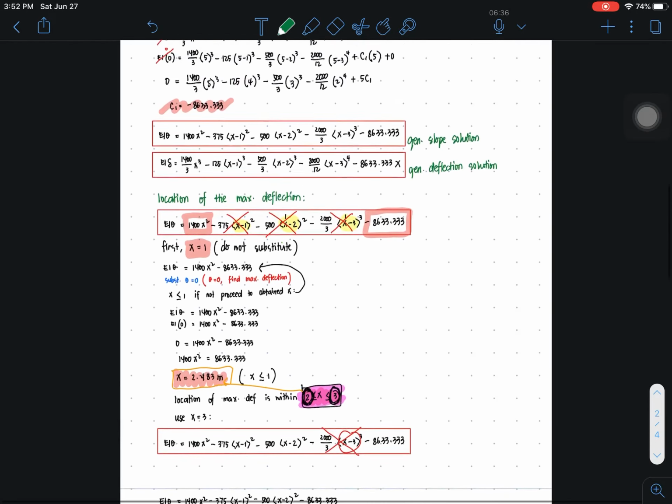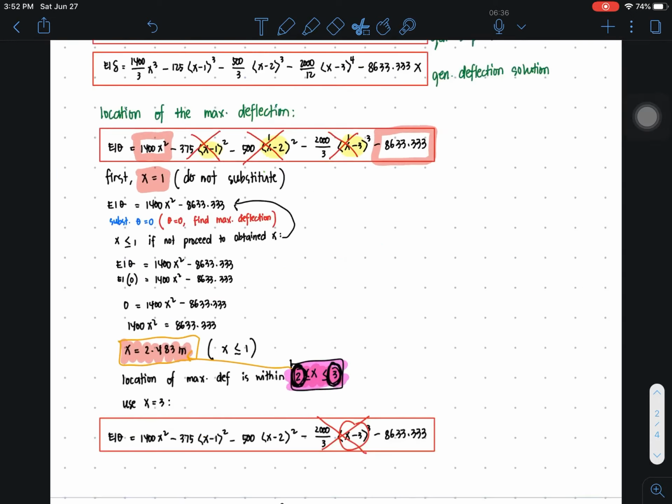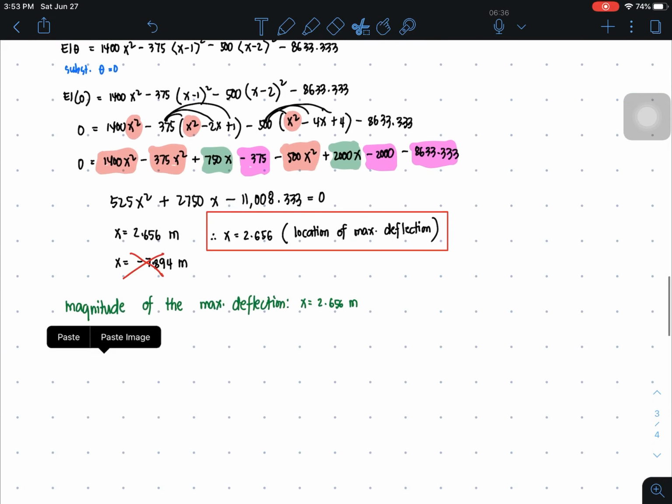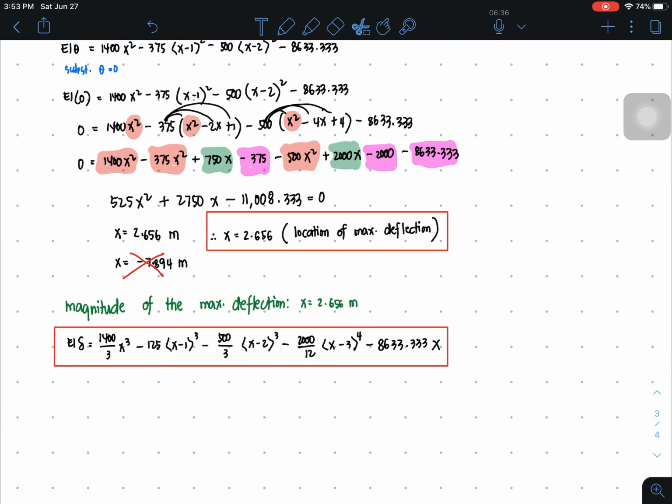So we get the deflection solution here. This is the deflection solution. Let's copy this so we can finish the problem. This is the formula of the maximum deflection equation, solution rather.